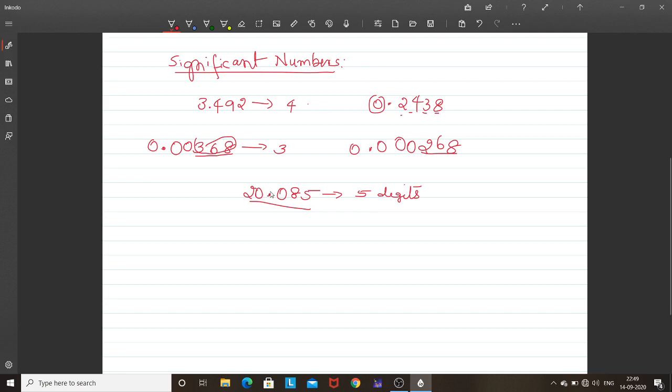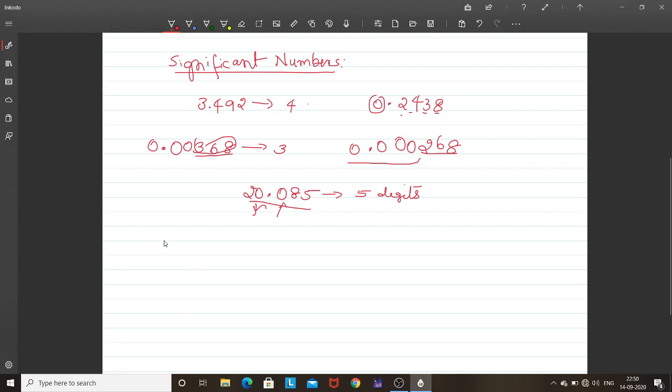So significant figures are any digits 1, 2, 3 up to 9, and 0 is significant except when it is used to fix the position of the decimal places. In such cases we are not considering it as significant. So 0 only helps to fix the decimal point.